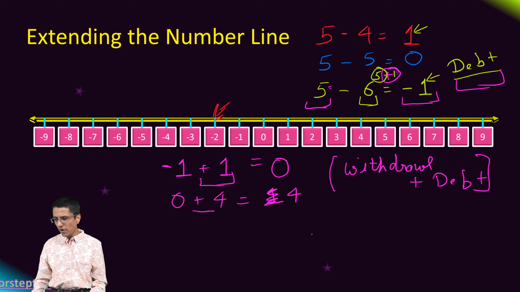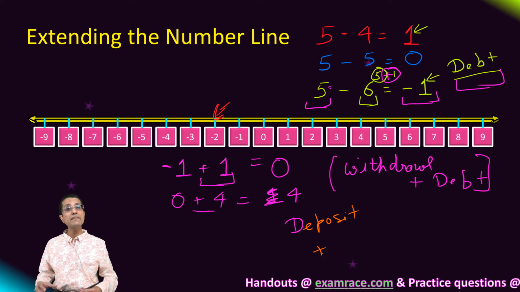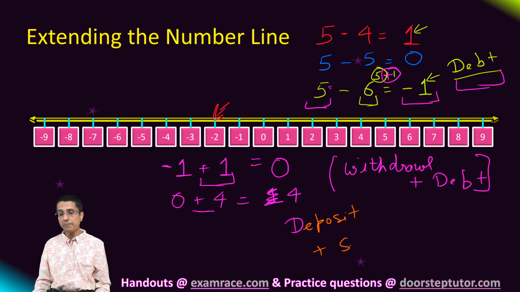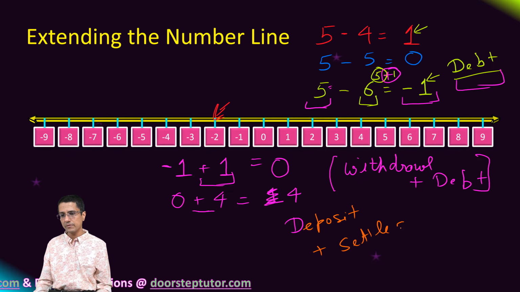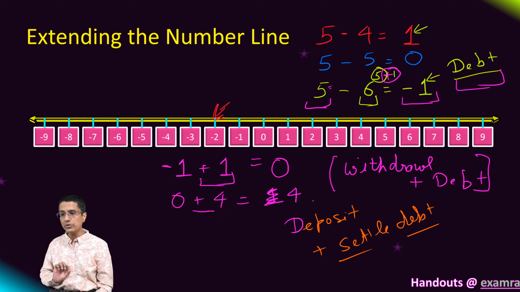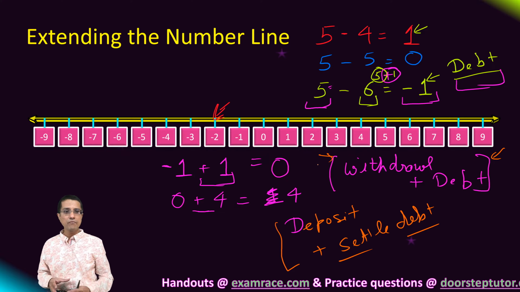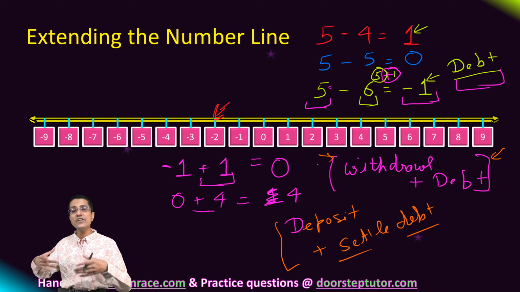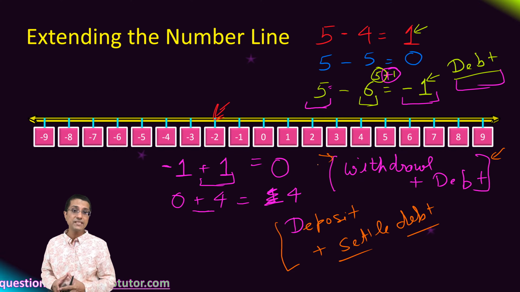So now at this point, we say that both depositing money into my bank account, or settling my debt, if I'm paying off my debt, both those operations are really equivalent and they increase the balance in my bank account. So those two operations are equivalent. This is the concept that we would use for the rest of this class to really understand addition and subtraction on the set of integers, both positive as well as negative.